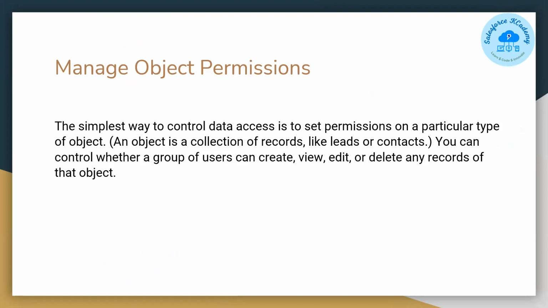It is nothing but a collection of your records, like leads and contacts or accounts, which will have some fields inside. This object, which is a part of the application in Salesforce, you can control using profiles and permission sets.